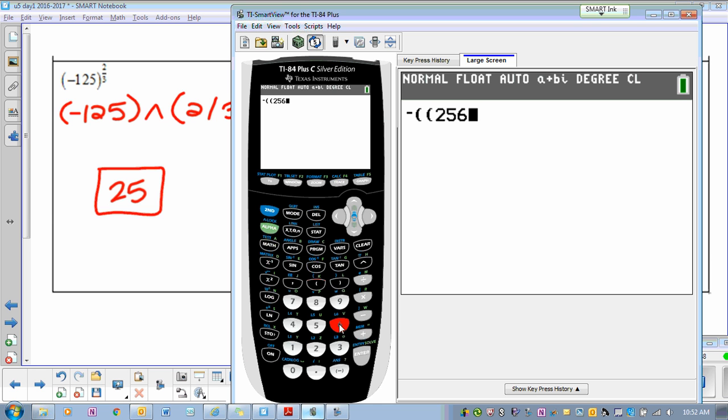Oops. Nope, not 2 of them. Let me delete 1. There we go. Right? 256 to the, what's the power? To the 1/4. So I still need to open parentheses again and put to the 1/4.